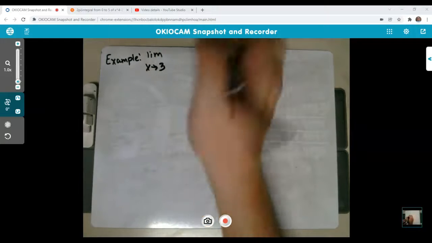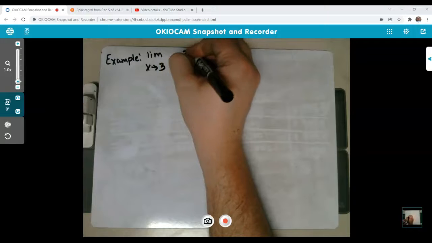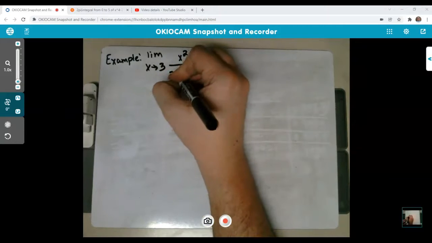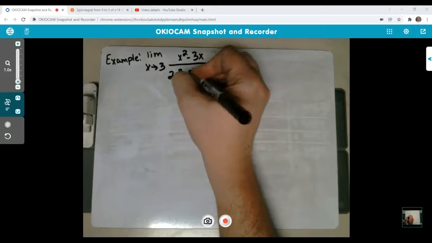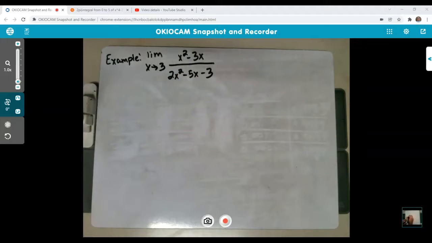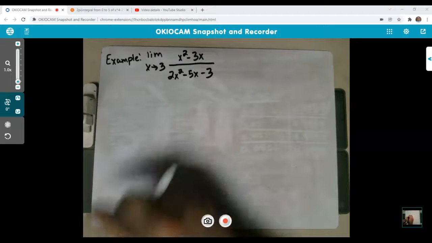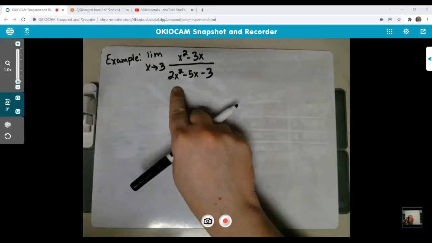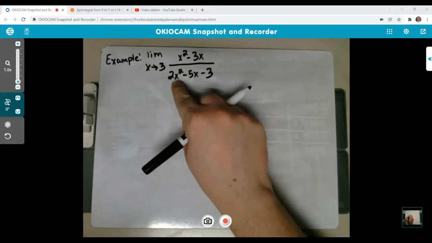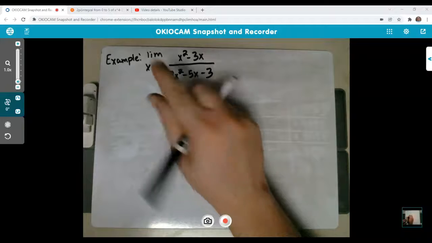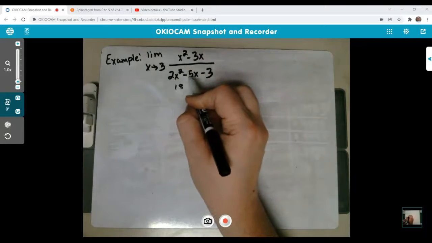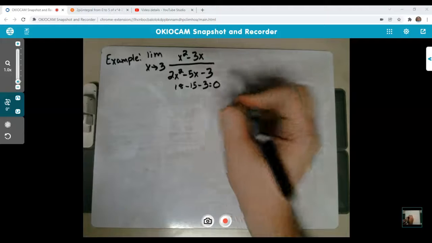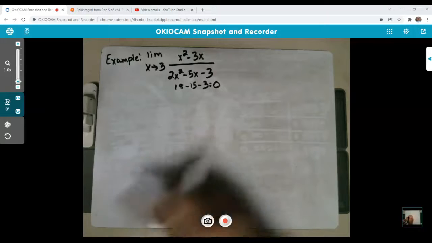The limit as x approaches 3 of x squared minus 3x over 2x squared minus 5x minus 3. So same thing here. If I were to try to plug in a 3 into here, the bottom would be, so let's see, 3 squared is 9, times 2 is 18, 5 times 3 is 15, so minus 15 minus 3, which is 0, which I can't have, right? So it doesn't work like that.